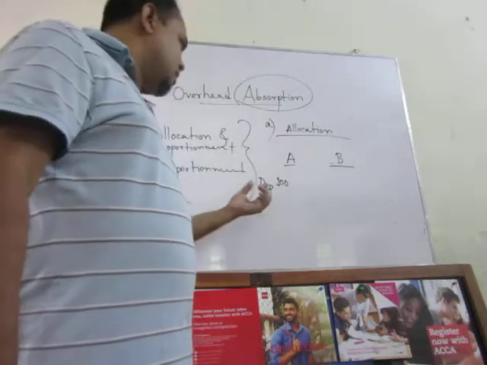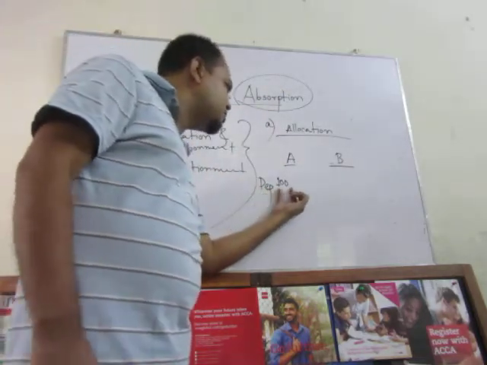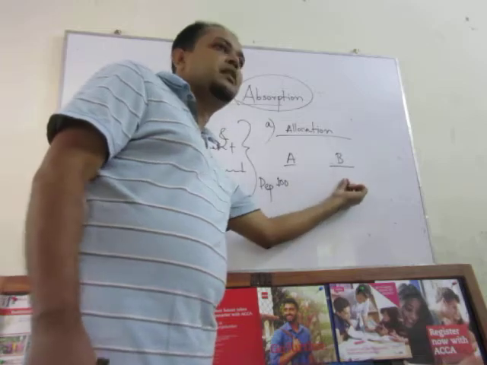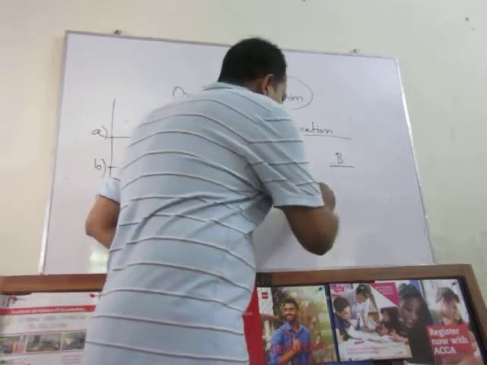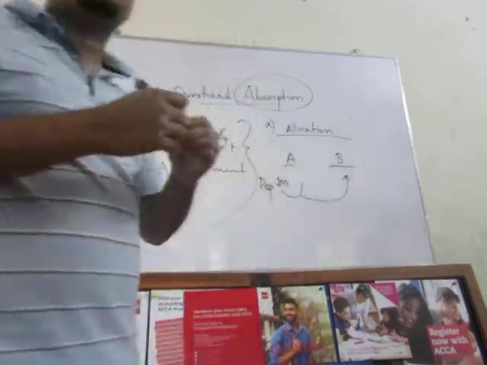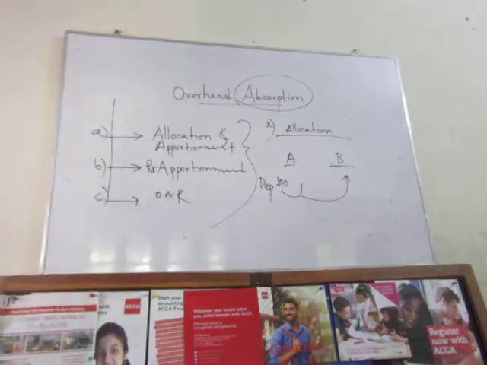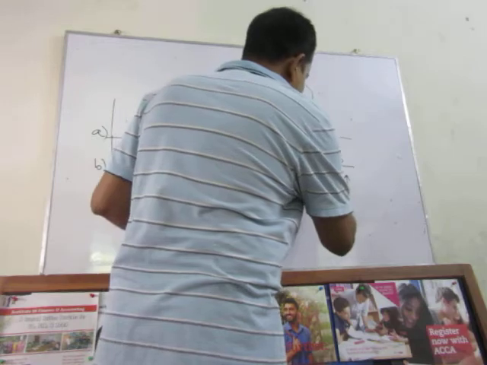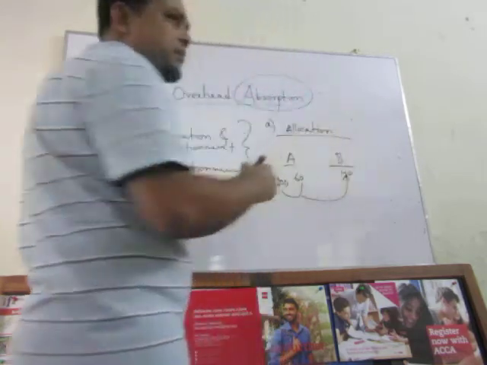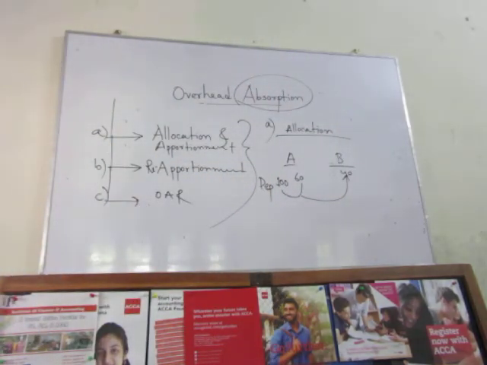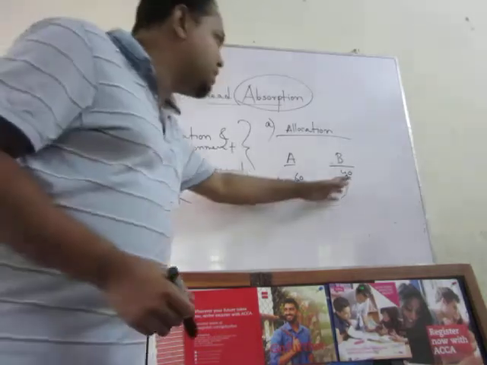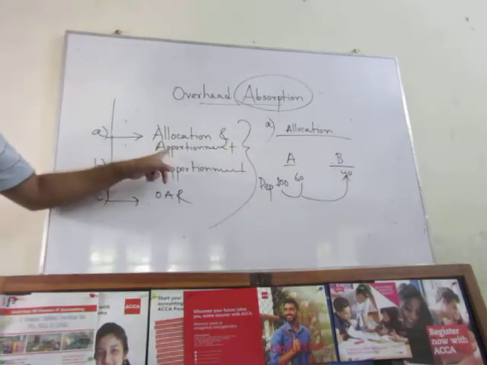So how can this depreciation of $100 be charged here and here? We'll charge this $100 depending upon some criteria, some basis. Suppose we charge $60 here and $40 to this department.